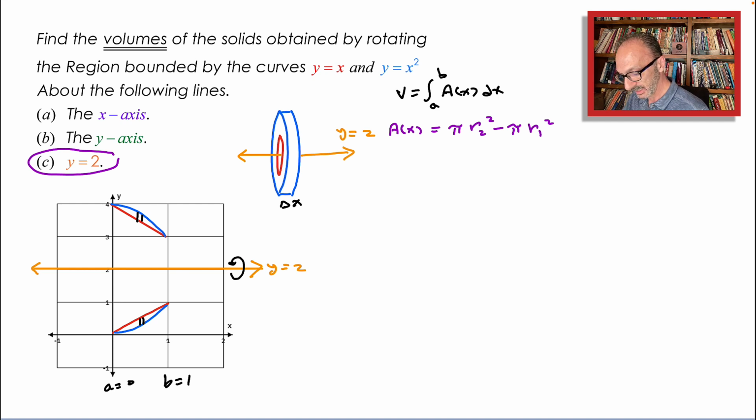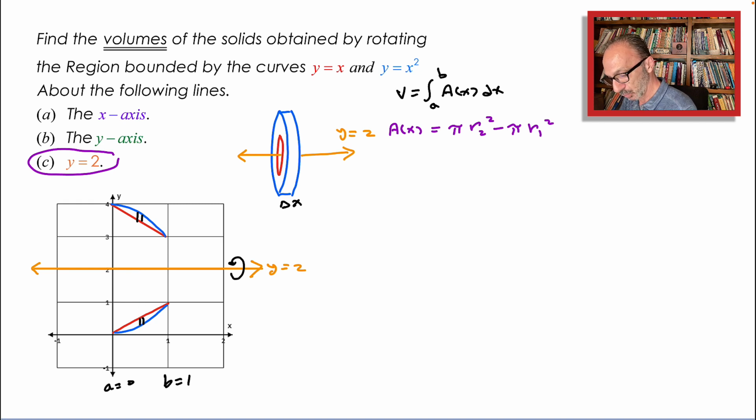The radius r2 will be from this point to this point. That's the outer radius, or r2, which is from this point, let's go back and get the blue, from this point to this point. That's r2.